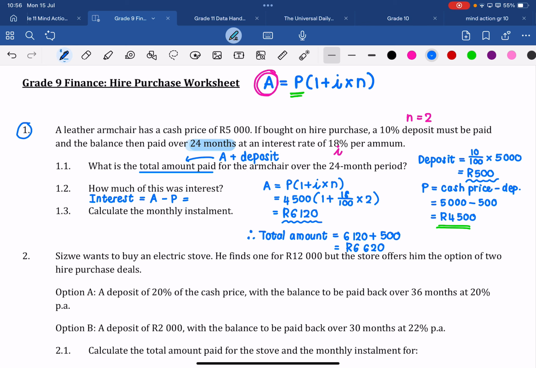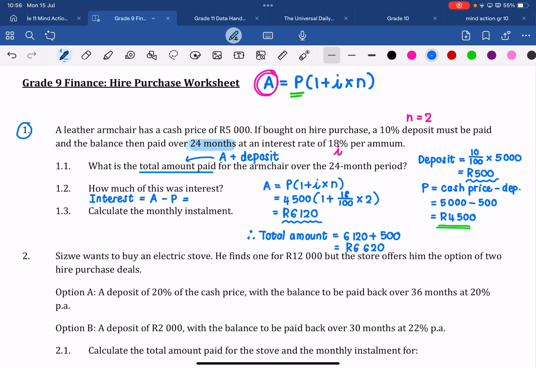Now, guys, even if in 1.1 your A value was wrong and your P value was wrong, right? But you now are taking in 1.2 your wrong A value minus your wrong P value. You will still get marks for this. Okay, because what am I testing in 1.2? I'm testing whether you know this formula, A minus P. Okay, so if you couldn't get the correct answers in 1.1, you can still potentially get this mark here.